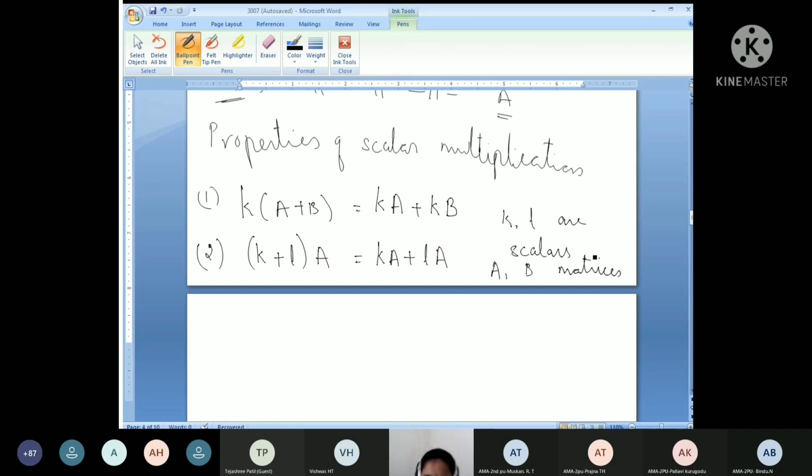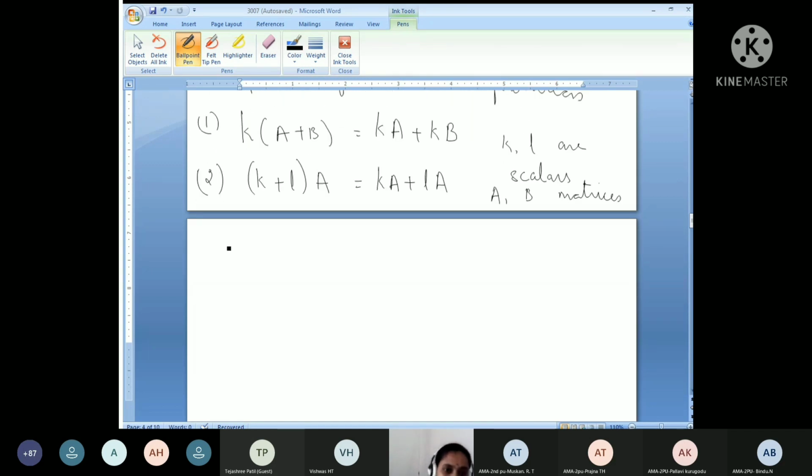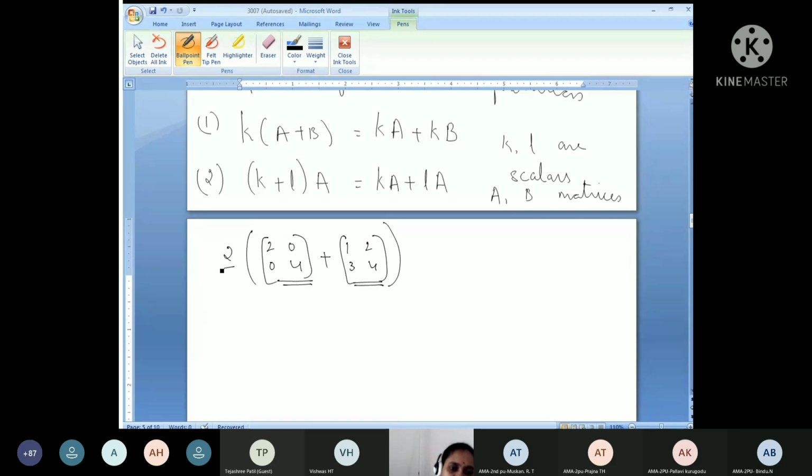To better understand, let me give an example. Suppose you have 2 into the matrix [2 0; 0 4] plus the matrix [1 2; 3 4]. See here, this is a matrix and this is a scalar.